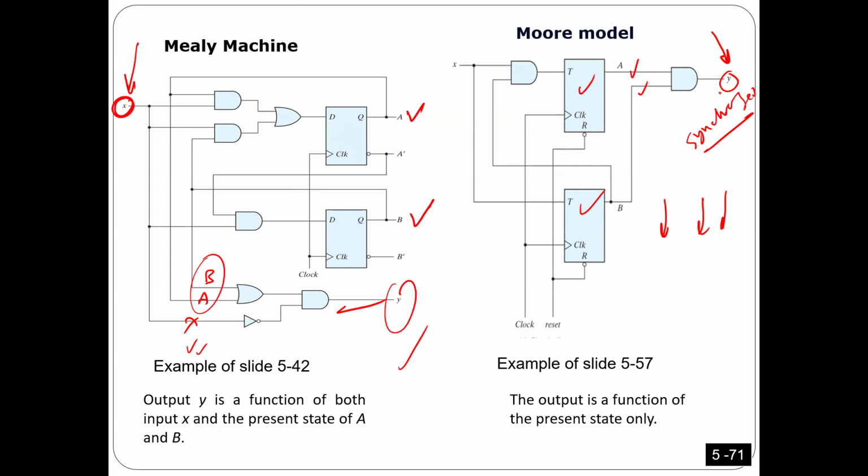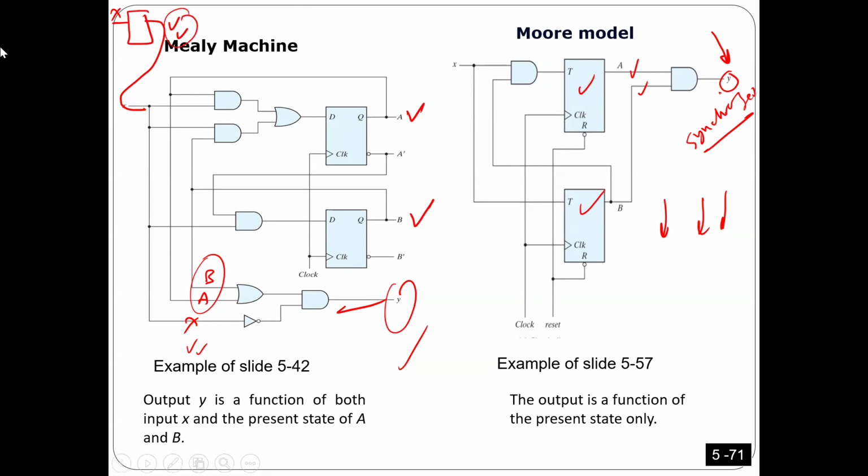How can you do that? Simply, at the X here, I can add a flip-flop, and the output of the flip-flop comes here. You see what I did? So even if you change X, it's not going to be shown here except at specific times.